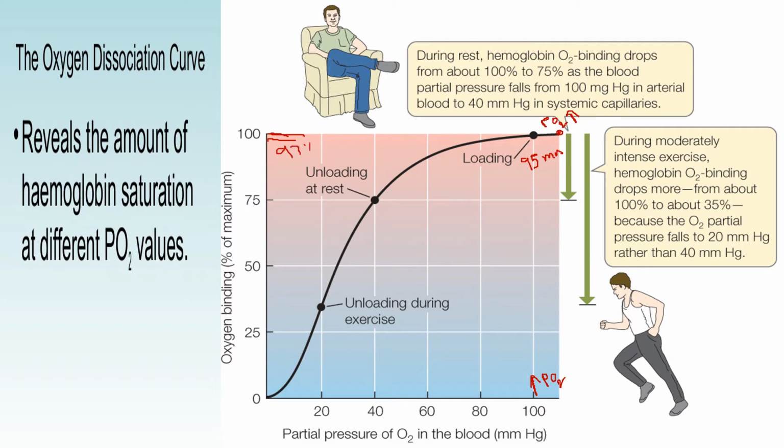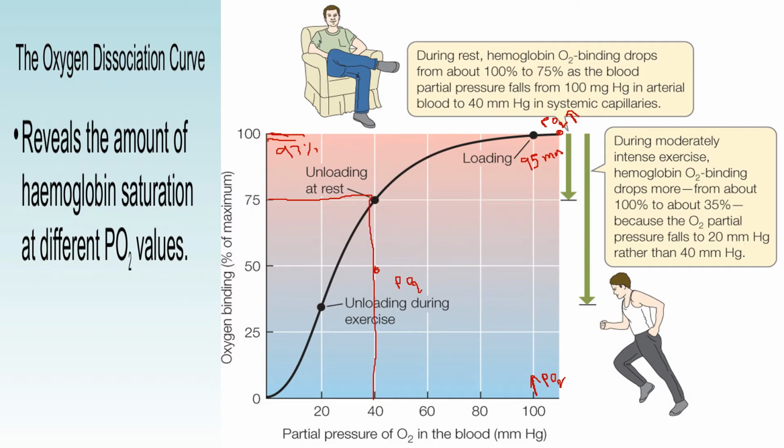Now the systemic artery transfers the oxygenated blood to the tissues or cells. At the tissues and cells, the partial pressure of oxygen is 40 mm of Hg. So here the percentage of saturation with hemoglobin is approximately 75%.